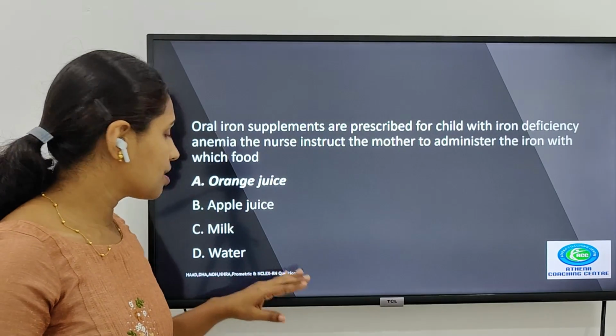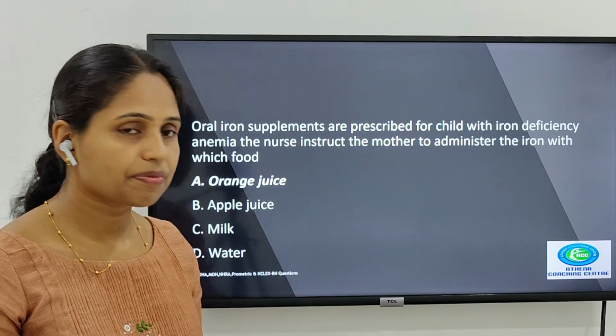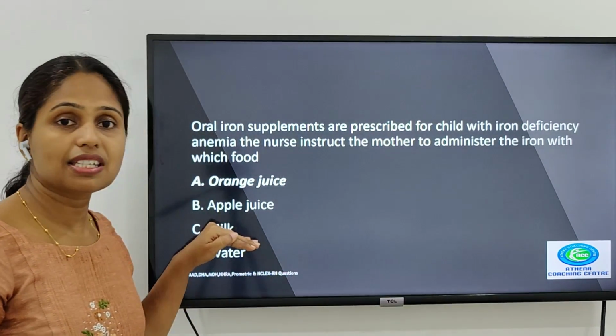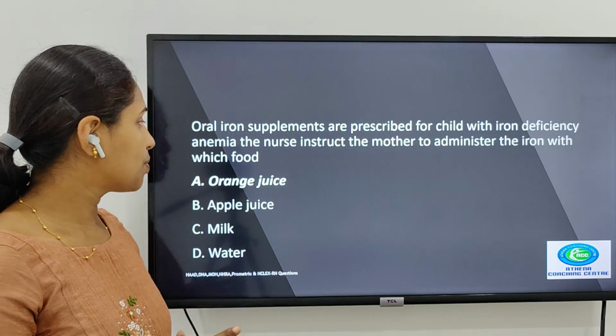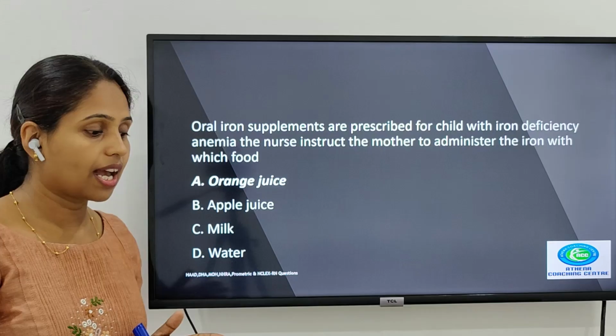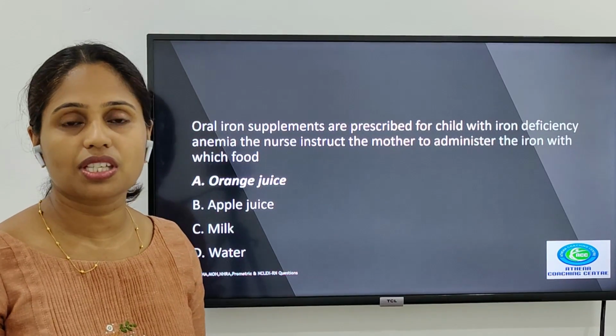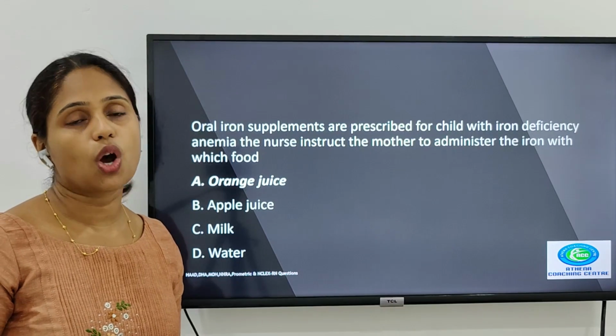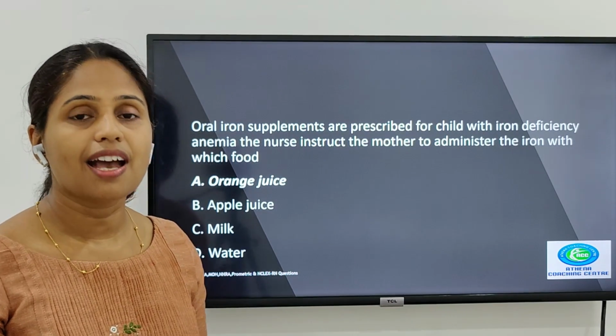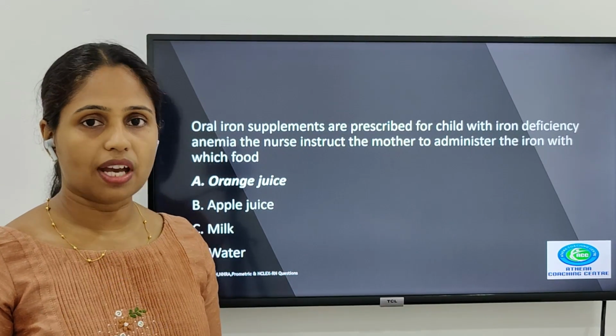You can remove water; milk is a calcium rich diet, apple juice is potassium rich, and orange juice is the correct answer. So, the correct answer for this question is orange juice, which is a vitamin C rich diet. Fine.